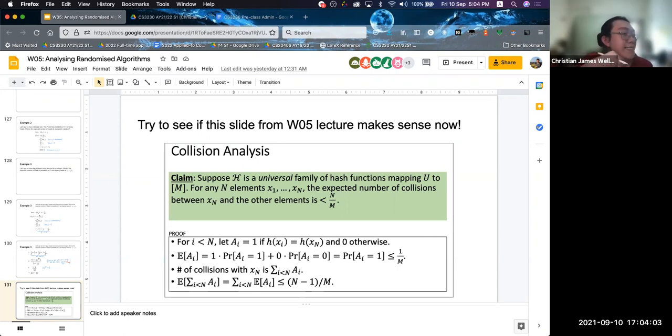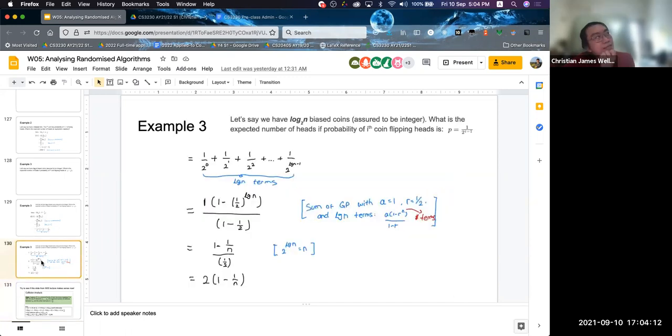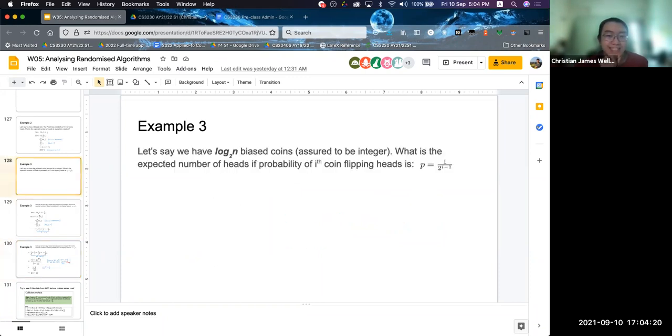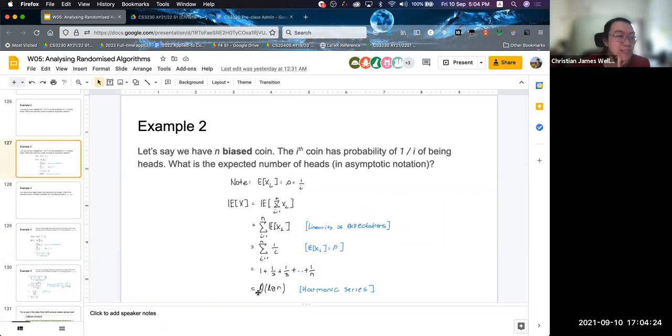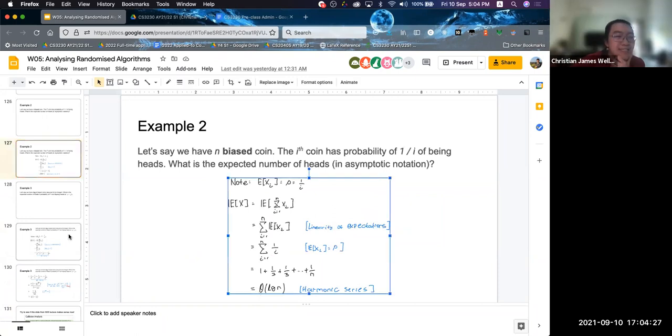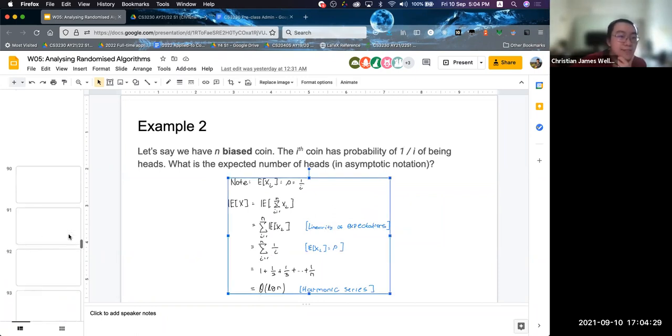Okay, someone is asking how do we know whether to use theta or big O or big omega. So for just now, generally big O is fine for most cases. If you can show big O, usually it's sufficient. Oops, sorry, this shows the answers already. But for this case over here, I put theta because of the harmonic series.